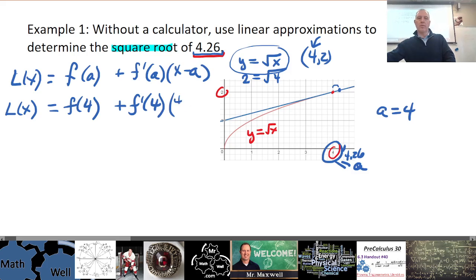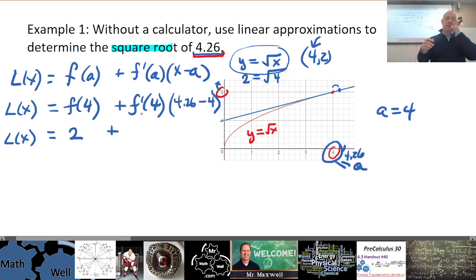So this is going to be 4.26 minus 4. Now f of 4, we know that f of 4 is 2, so it's going to be 2 plus, and we knew that, right? We're starting at 2, and I'm trying to find my little rise here. So the derivative of the function evaluated at 4.